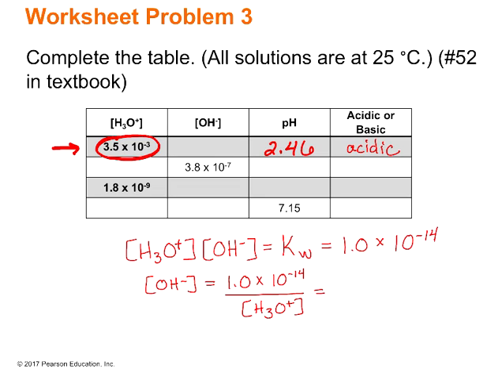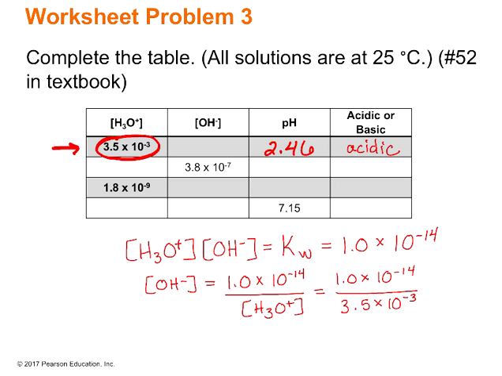So that would be equal to 1 times 10 to the negative 14th over the concentration of hydronium ions. So then all we have to do is plug in that concentration that we were given, and solve for the concentration of hydroxide ions.